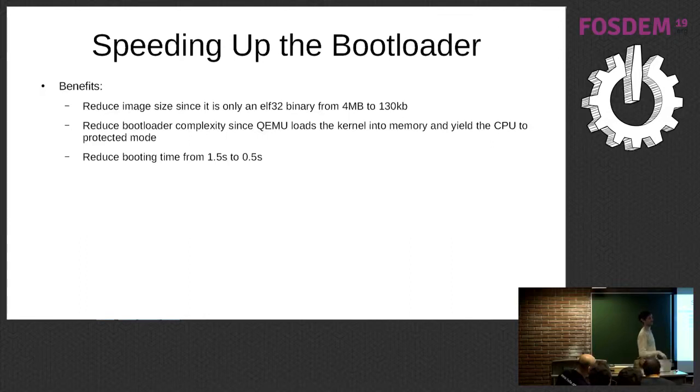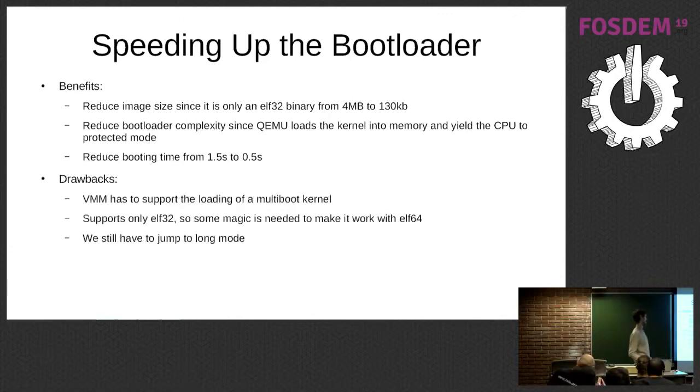Because QEMU is already doing this for you, and also since you don't have to read the whole image from disk and put it in memory because QEMU is doing this, you reduce a lot the booting time. I started with 1.5 seconds and I ended up with half a second to boot the image, the kernel.